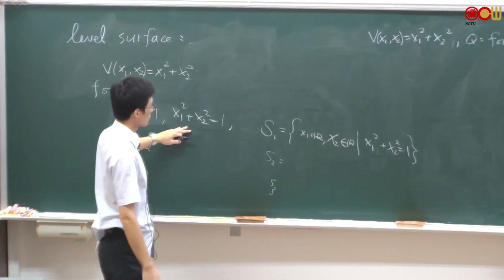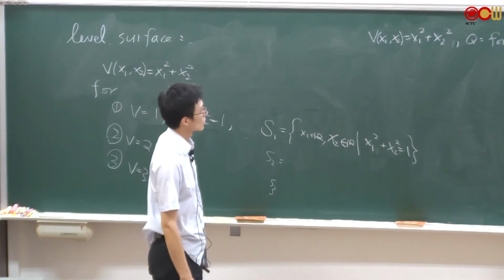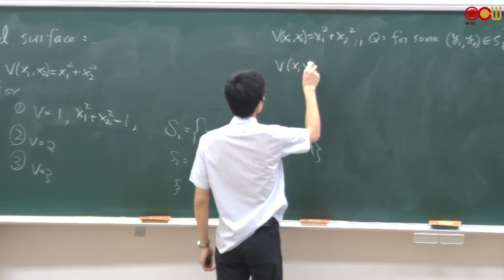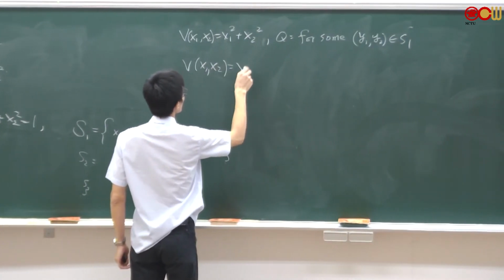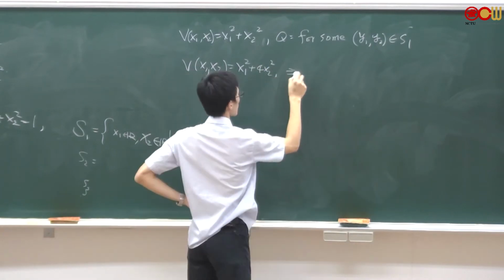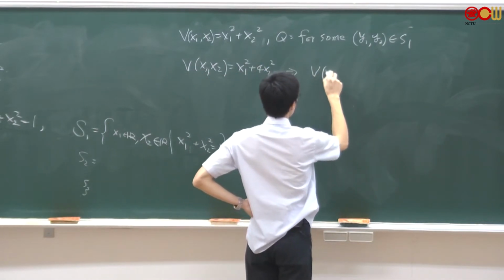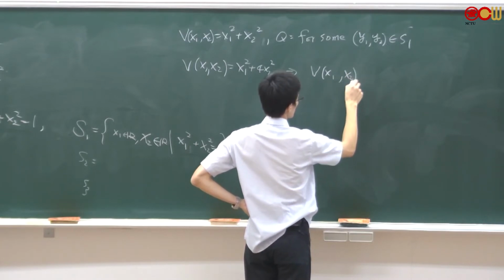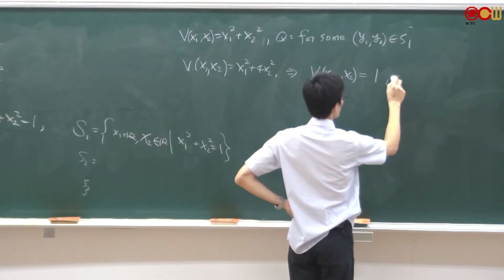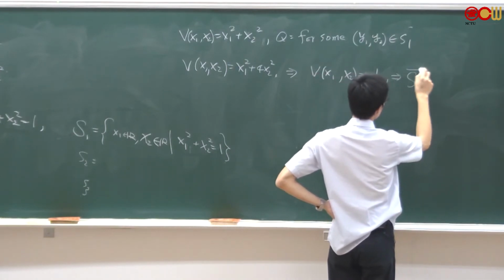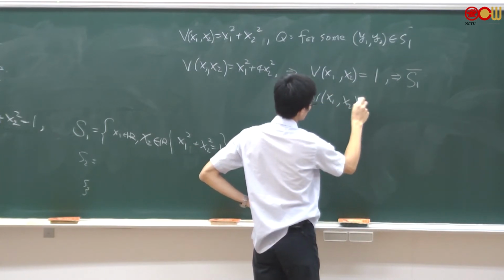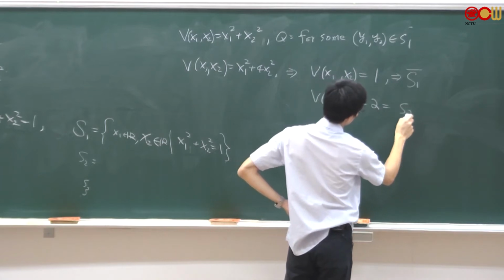Given some level set condition, let me write down. Okay, V of x, and again, let's define a level set for this to be 1. I say there's a level set S1, V of x1, x2 equal to 1, and V of x1, x2 equal to 2. There's a level set, say S2.